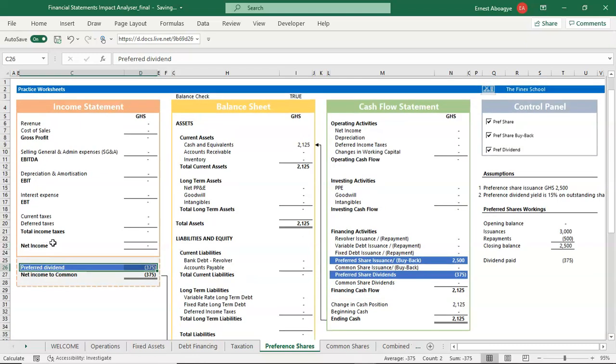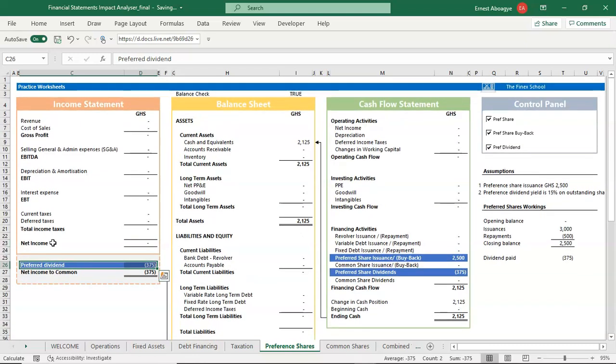You realize that the preferred dividend paid here doesn't come through the net income line, but it still shows in the cash flow statement as a financing activity, not an operating activity, and that's why it's not up here. So you see the preferred dividend charged here, as well as the issuance and buyback impact here.